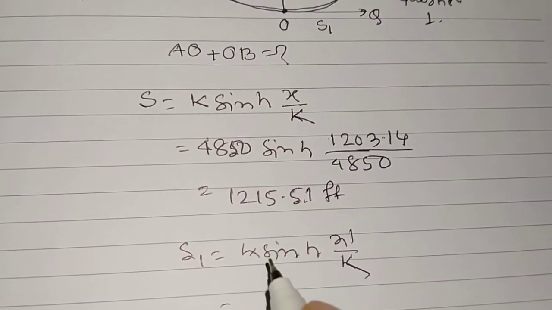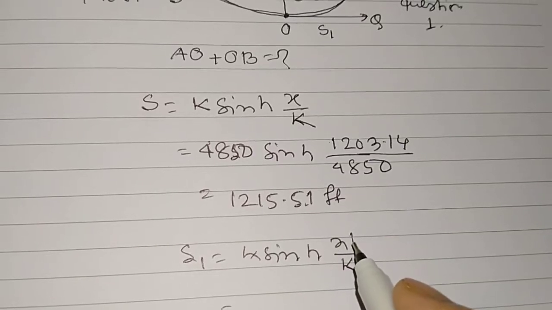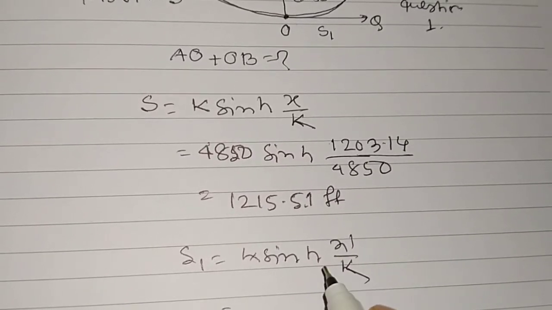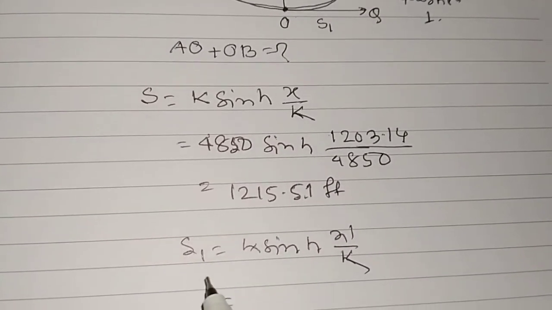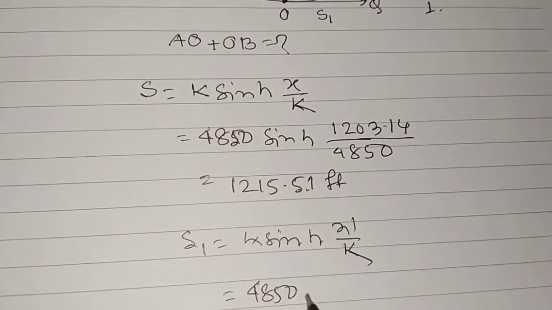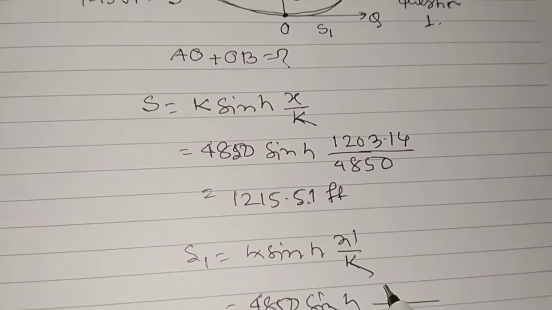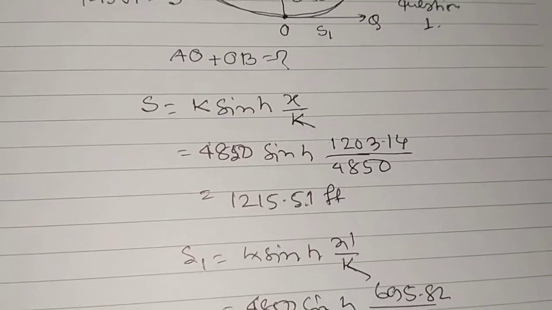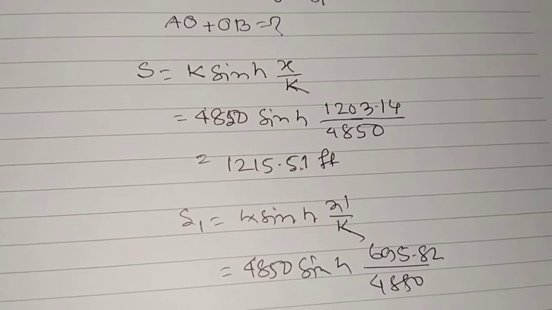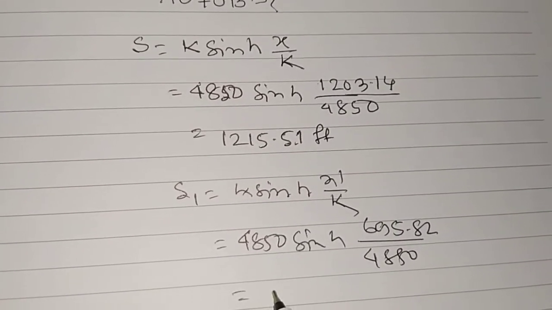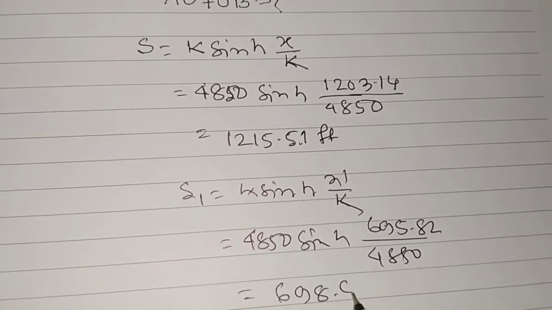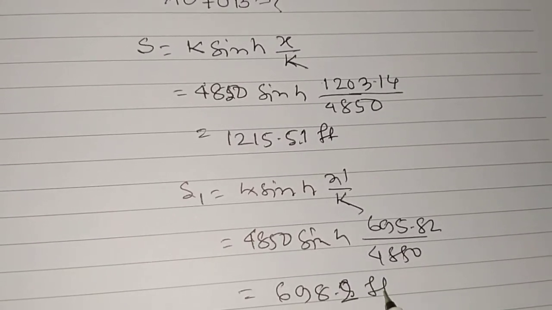And again for the same catenary we can write S1 equals K sinh(x prime/K), and we have the values of K and x prime. We put the values here to get S1, where K is 4850 and x prime is 695.82 feet. By solving this we get 698.2 feet.